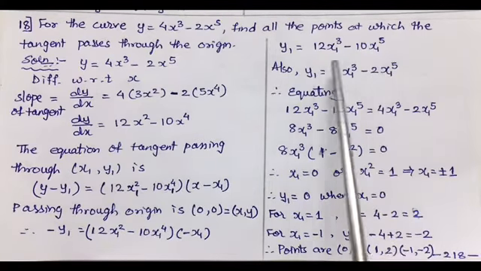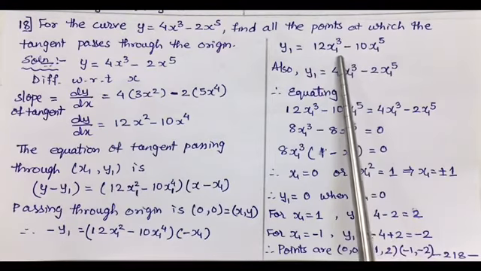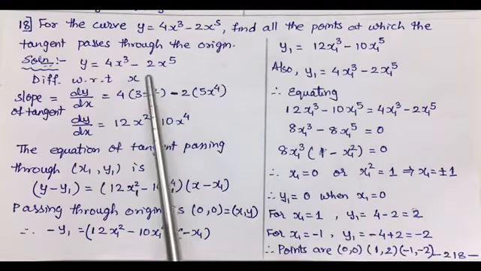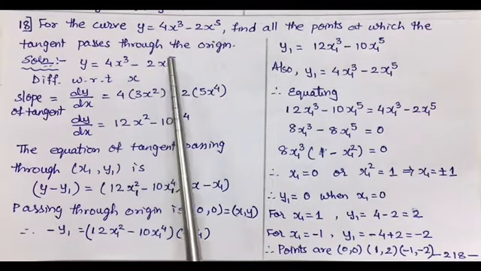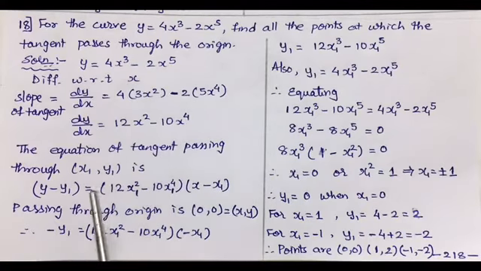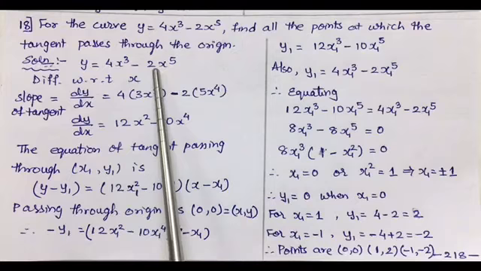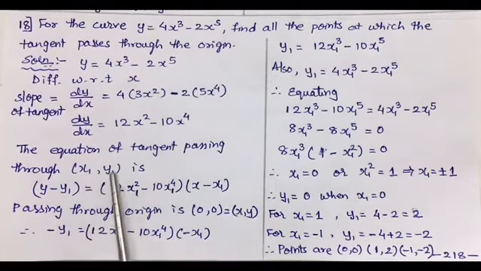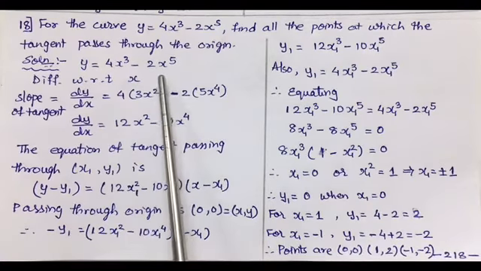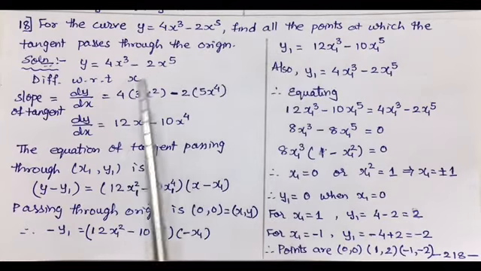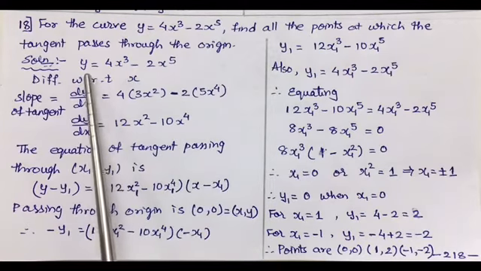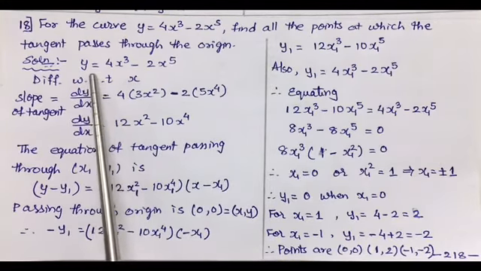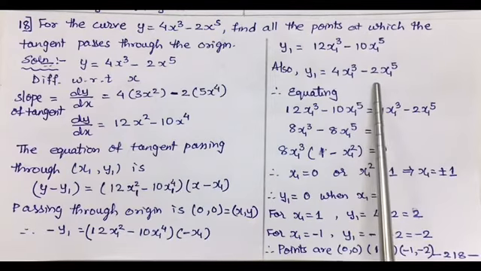Now if we put x1, y1 in the equation of the curve, because x1, y1 is a point on the curve as well as on the tangent, we get the curve equation as y1 equal to 4x1 cube minus 2x1 raised to 5.